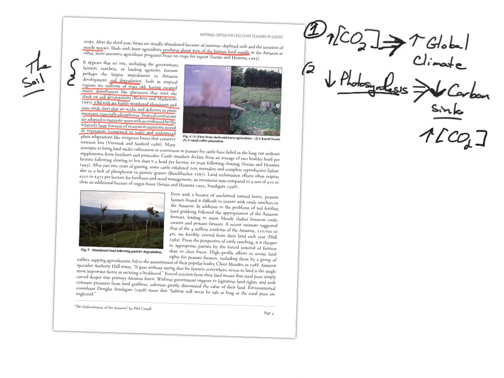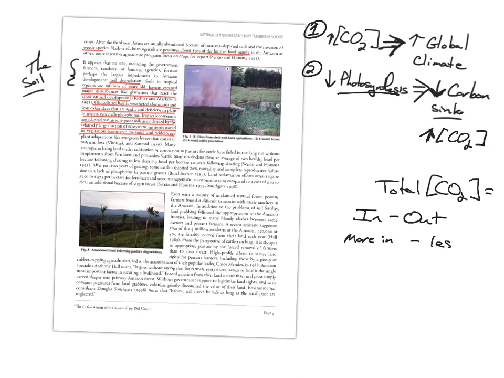In the secondary fashion, it's because you're not taking as much out. So the total CO2 in the atmosphere is equal to how much goes in minus how much goes out. When you do slash and burn agriculture, you're putting more in and less out, so you're doubly increasing the amount of CO2 in the atmosphere.